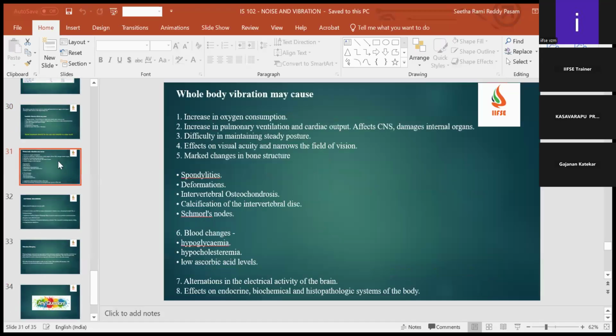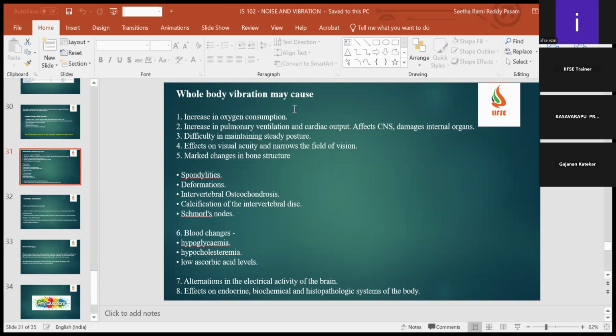Same as for noise, it is always good to have better job rotation and frequent monitoring of exposure levels, so that we can identify problems at the initial stages and give better treatment instead of taking them to the worst side.